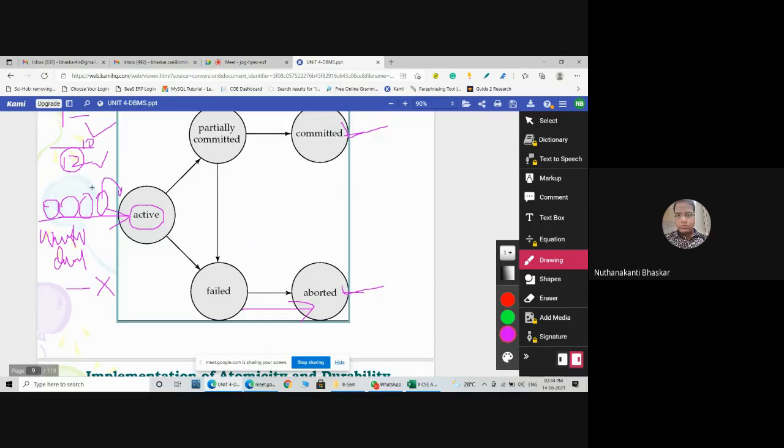When you have given all these options up to partially committed, once you enter 12K to withdraw, it moves to the failed state. Yes or no? Yeah, it is failed. Once it moves to abort, your ATM card will come out, and the transaction is failed.